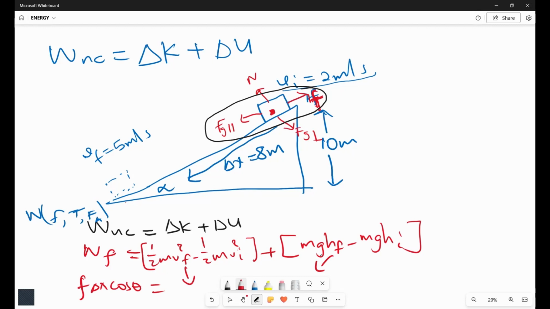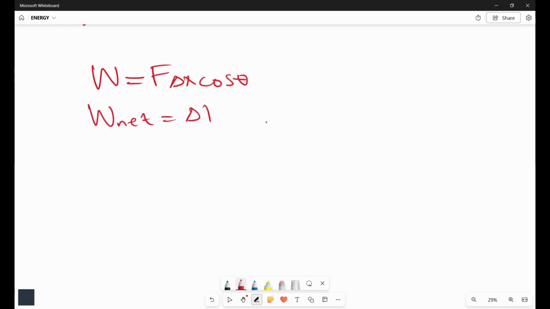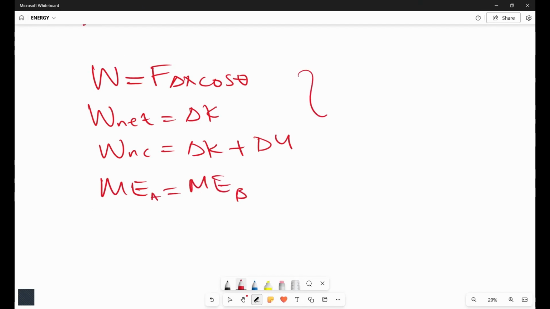Another important thing, let's recap our formulas. We started with work, which is equal to force, change in x, cosine of an angle. Then we went to W net, which is equal to change in K. Then we went to non-conservative force. Then we went to mechanical energy at A equals mechanical energy at B. These three are given on your formula sheet.